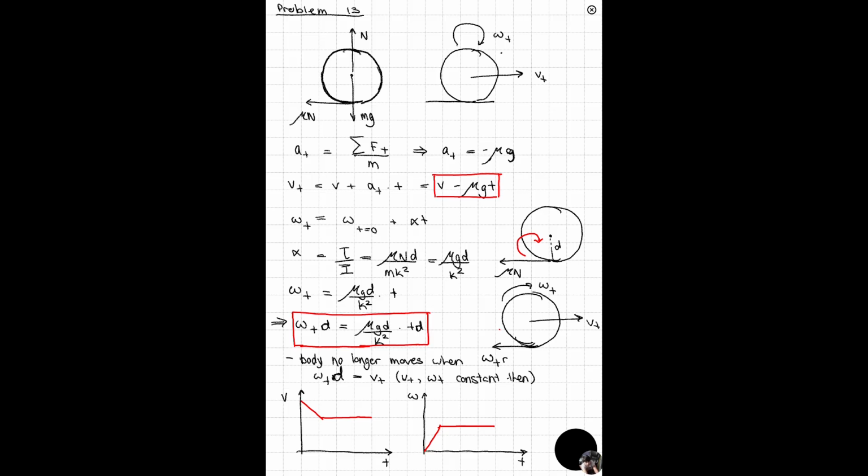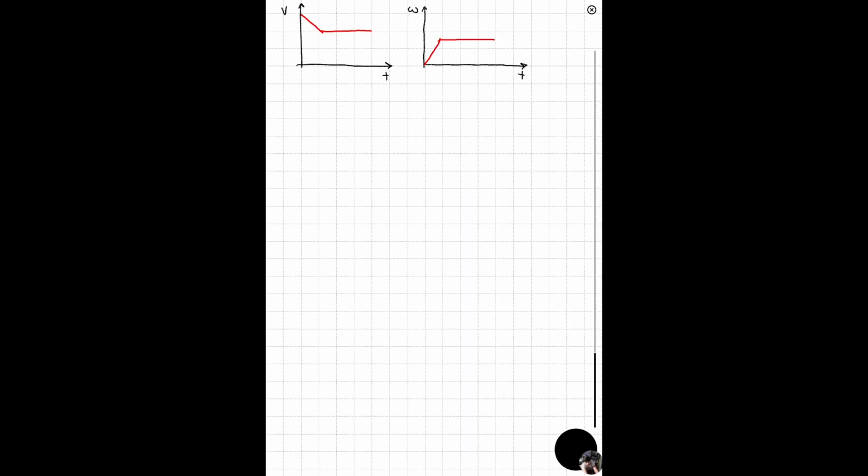So we can just plug in N equals mg, and then a t equals minus mu m g divided by m, which is equal to negative mu g. Therefore, if we use the velocity equation, we get velocity at time t equals the original velocity plus a t times t. Well, a in this case would be constant. So we end up getting that velocity at time t equals v minus mu g times t. So that's our linear velocity.